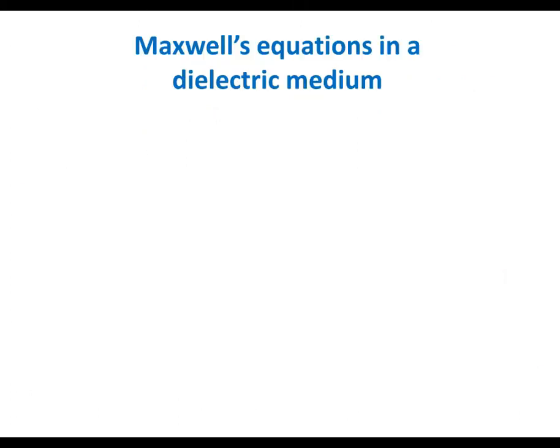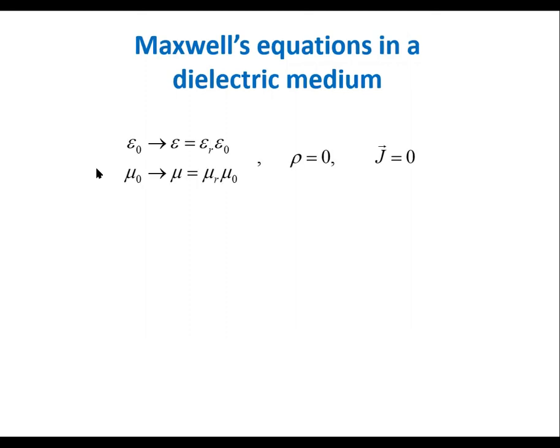We can do this whole practice for a dielectric medium also. A dielectric medium is also defined by vanishing charge density and current density. The only difference between free space and dielectric medium is in the value of the coefficients epsilon and mu.